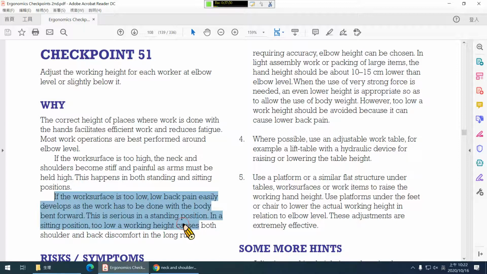In a sitting position, too low a working height causes both shoulder and back discomfort in the long run. Yes, there are also problems. If it is too low, you tend to lean forward like that. And the low back becomes at risk. Okay?